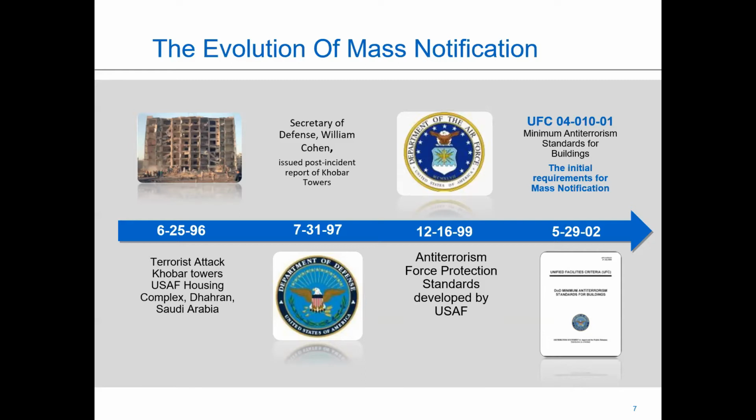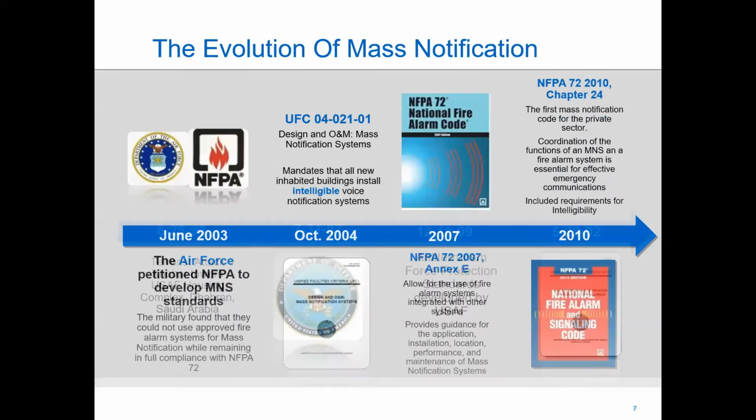So the Unified Facilities Criteria was in the late 90s, early into the 2000s, where they started the Department of Defense, DOD, anti-terrorism standards. And this code is still used today. It was actually used to derive all other code related to voice and mass notification, which also was brought in from the military world into the commercial world. And you'll see that in the slides.